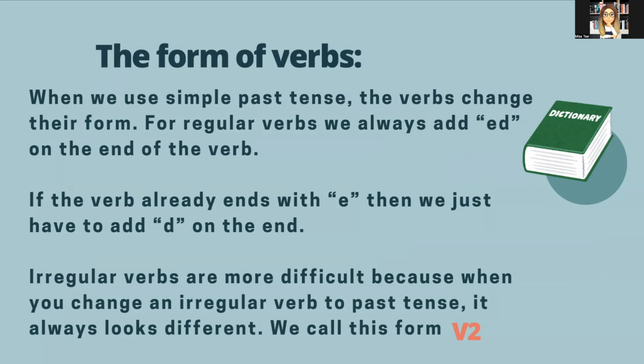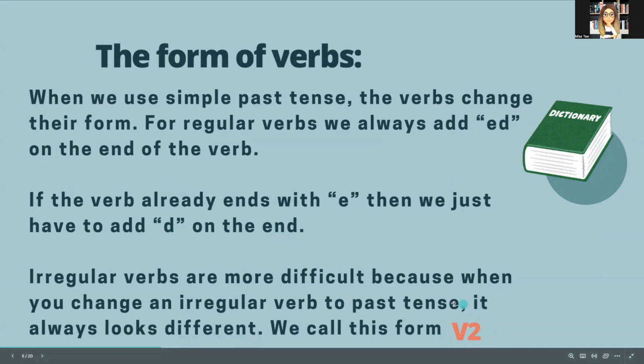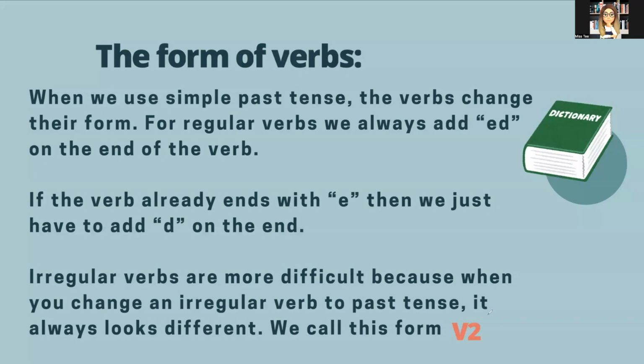Irregular verbs are more difficult because when you change an irregular verb to the past tense, it always looks different. We call this form V2. So whenever we add ed or just d, or it looks totally different, no matter what, we call it V2. And that is the simple past tense form of the verb. So V2 just means it's in its simple past form.